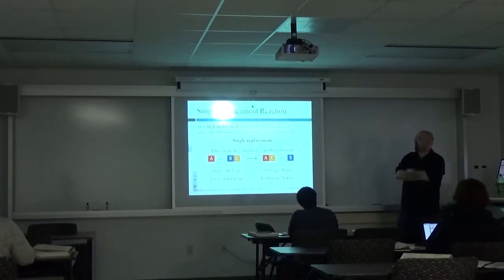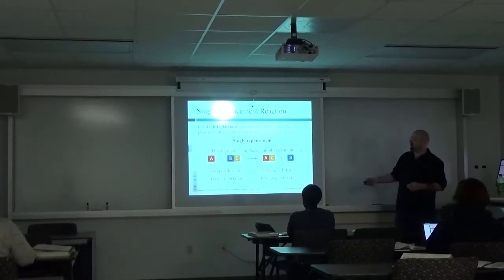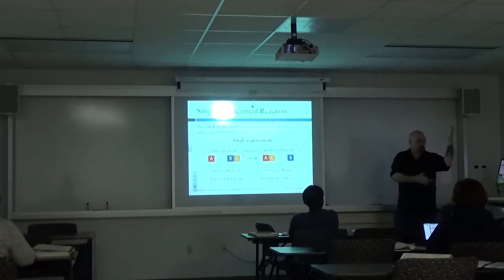Well, there's a lot of things that I could do with something like this if I use it as a picture type of thing. I could ask you what type of reaction is this, and the answer obviously would be a single replacement. I could leave a blank in front of this thing right here and ask what number goes there, right? I could even conceptually leave a blank here and a blank there and ask you what numbers go there, and then you just have 4 options to choose from, right?